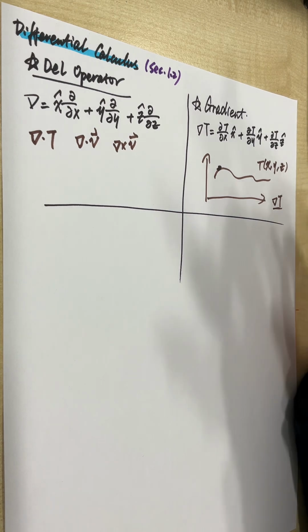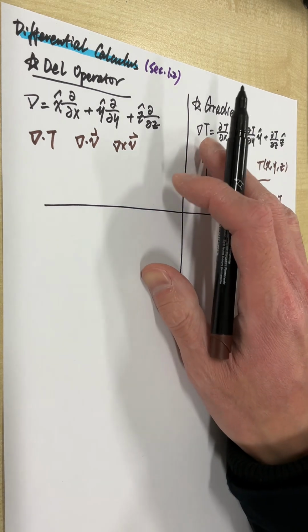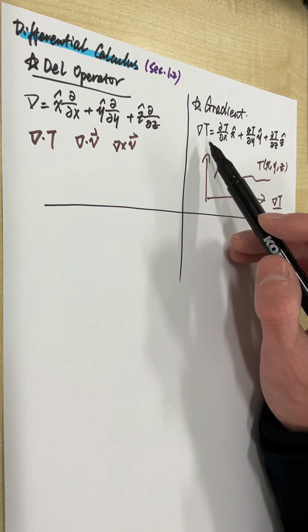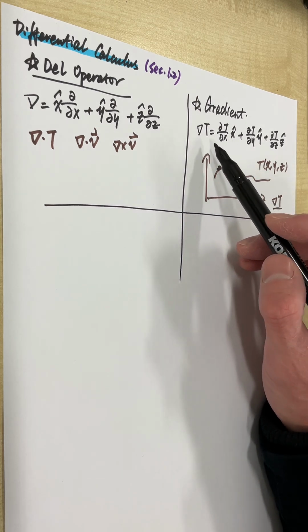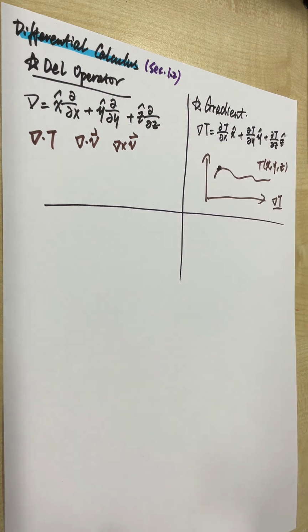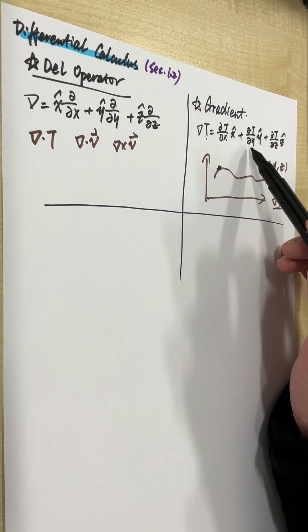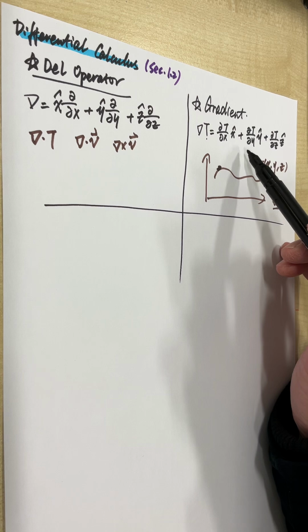So it's very important to remember that for gradient, we have the del operator on a scalar and it gives us a vector.